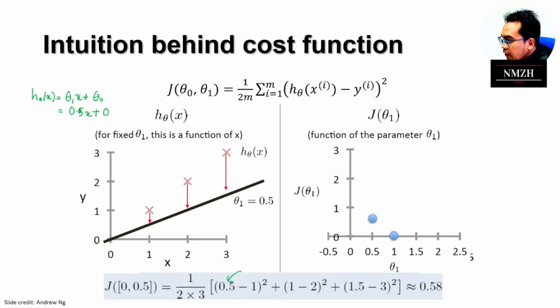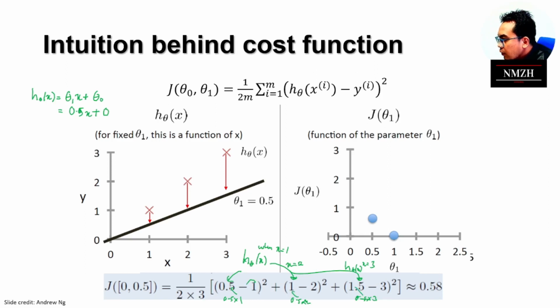Basically, 0.5 is the value of h theta(x) when x equals 1, and also when x equals 2, and when x equals 3. That's the reason why 0.5 times 1, 0.5 times 2, 0.5 times 3 over here.